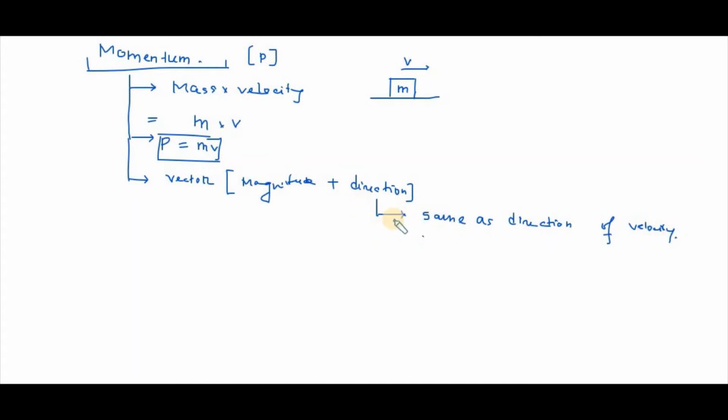The direction of momentum is the same as the direction of velocity, which means the direction in which the object is moving with a particular velocity is the direction of the momentum.